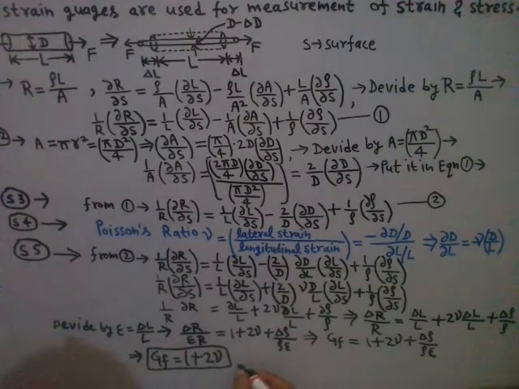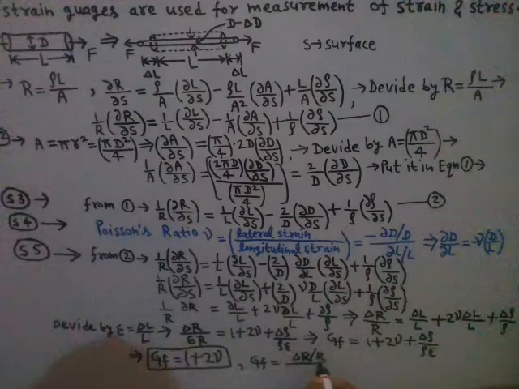So GF is basically the gauge factor that we have defined as delta R divided by R into epsilon, where epsilon means it is delta L by L, right?